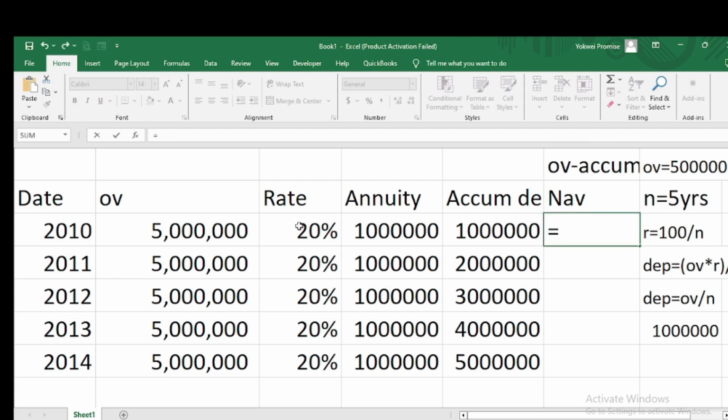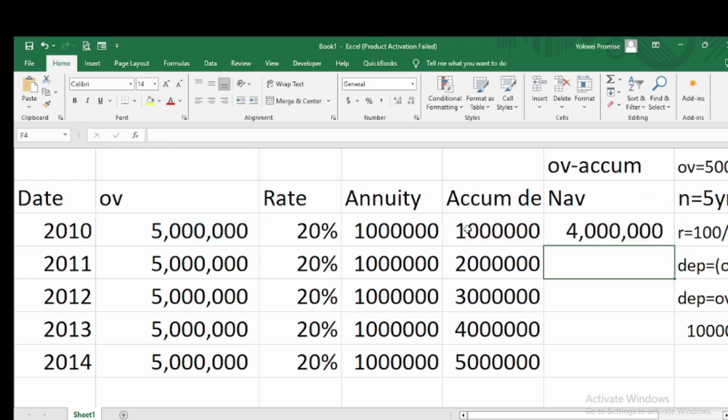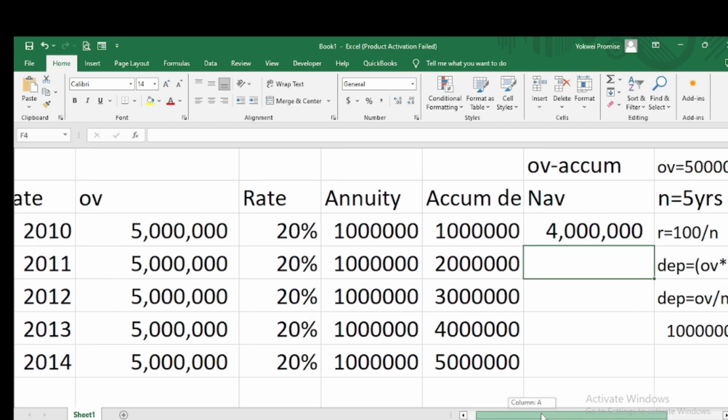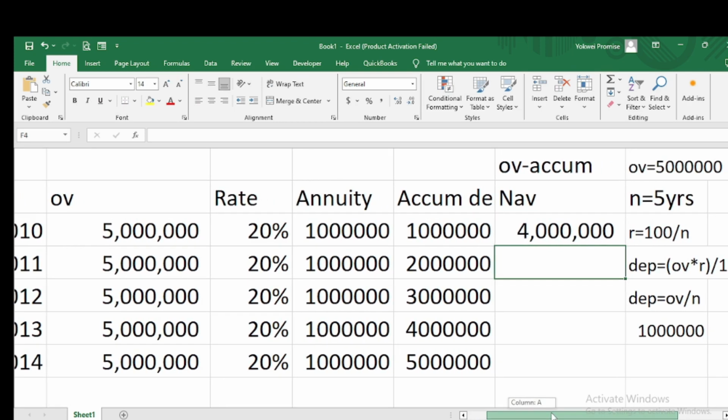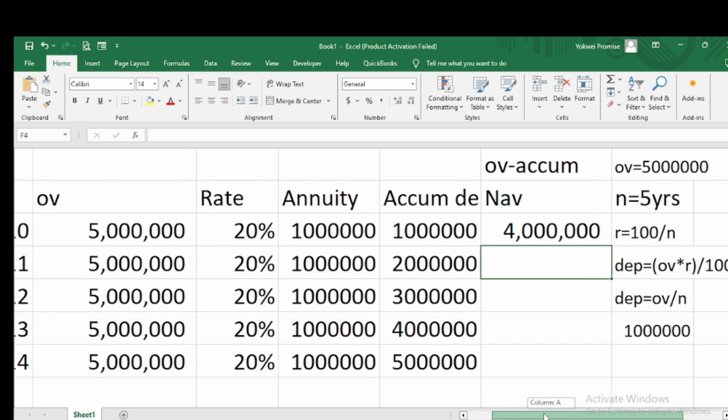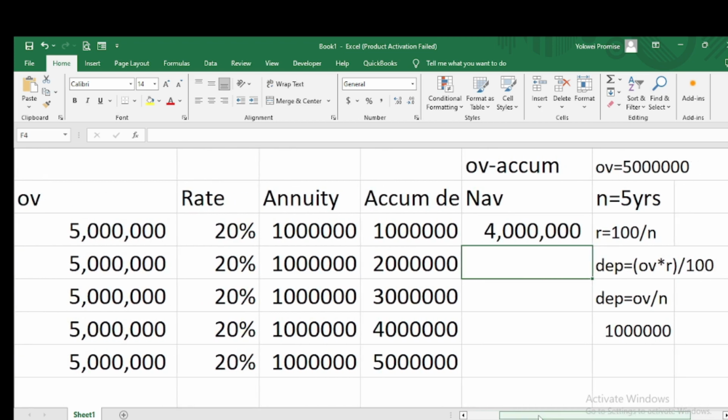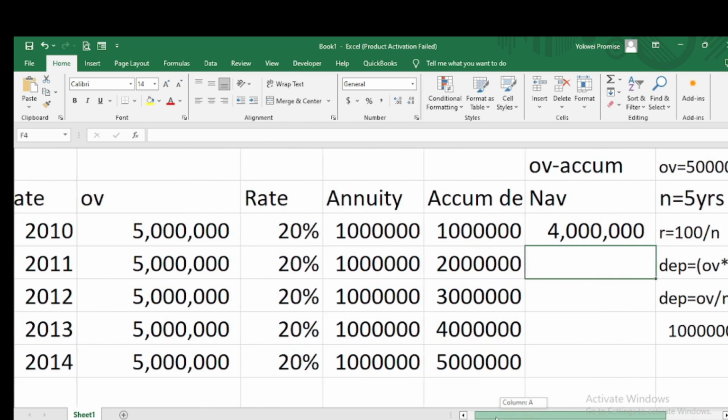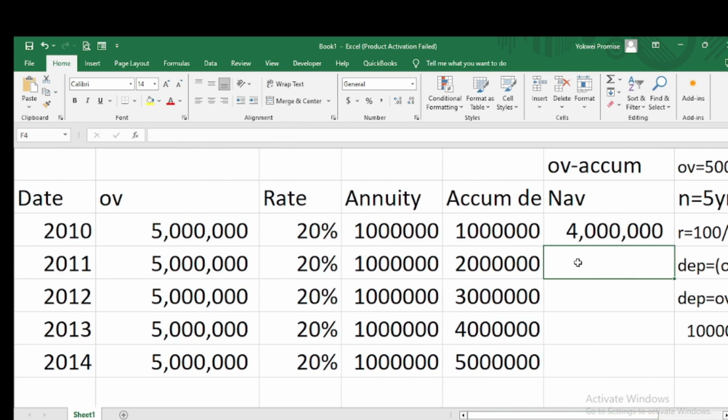So what is OV? 5 million here minus accumulated depreciation, 4 million. So here we have OV, since we say that OV does not change, minus accumulated depreciation of 3 million.